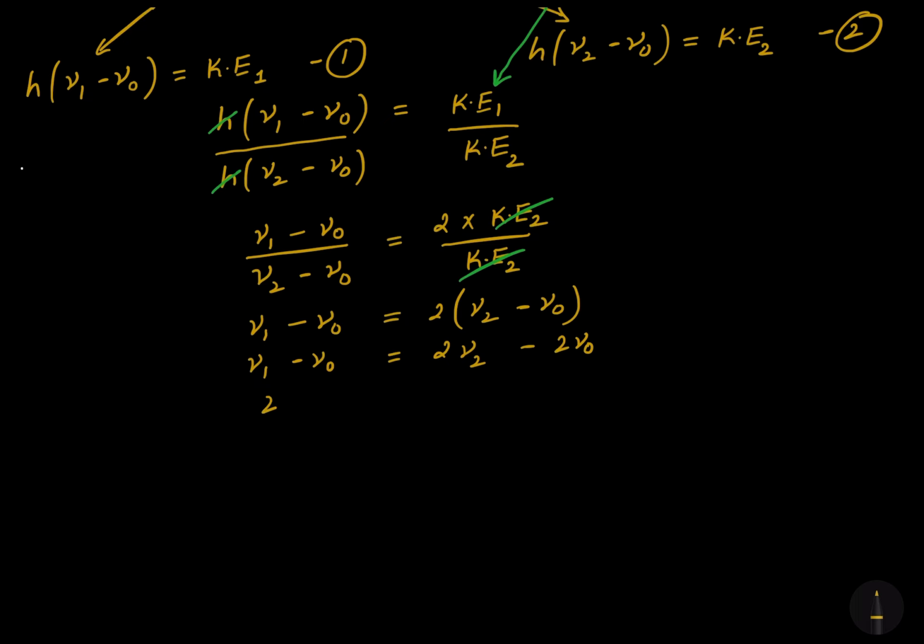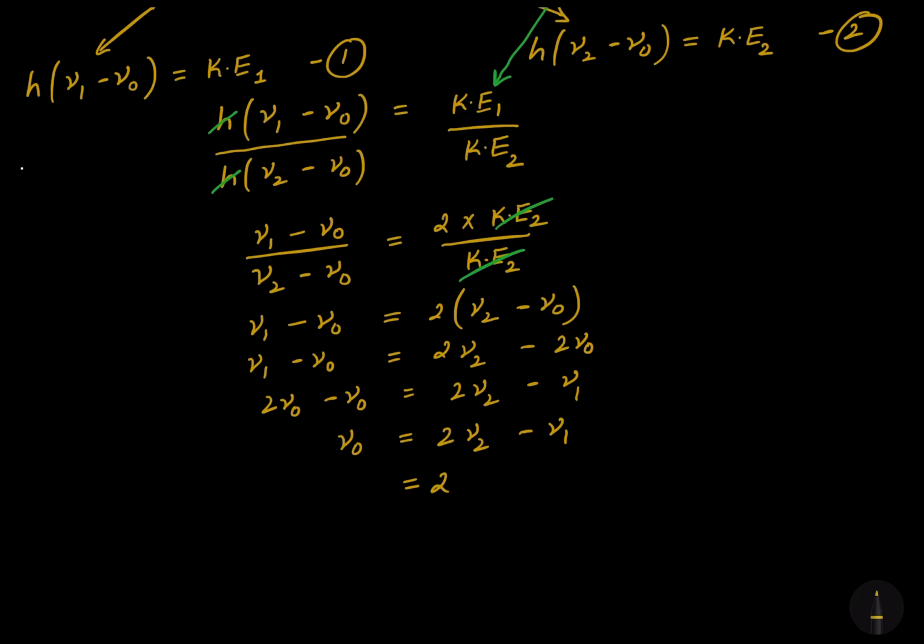Now it will be 2 nu naught minus nu naught equal to 2 nu 2 minus nu 1. So it comes out to be nu naught equal to 2 into nu 2 minus nu 1. Now nu 2 and nu 1 are given in the question, and we have to evaluate the threshold frequency.